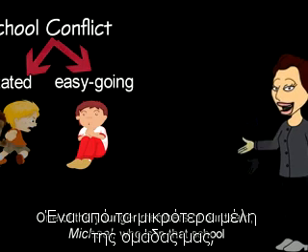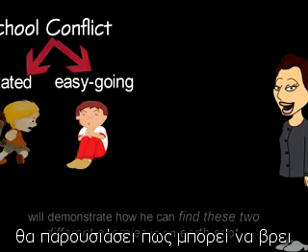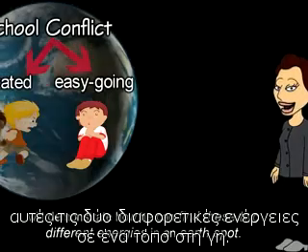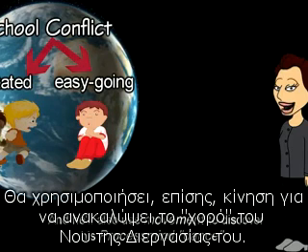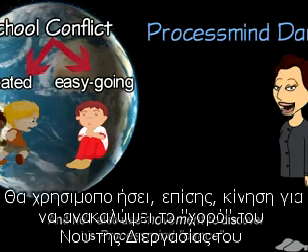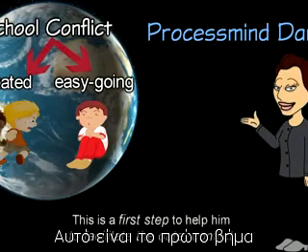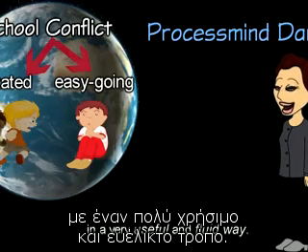One of the younger members of our team, Michael, who is in that school, will demonstrate how he can find these two different energies in an earth spot. And he'll also use movement to discover his process mind dance. This is a first step to help him to facilitate the outer conflict in a very useful and fluid way.